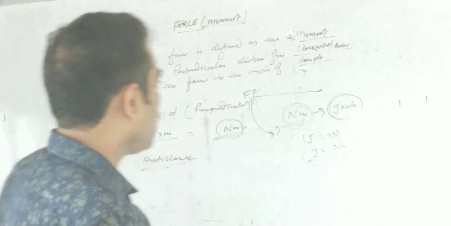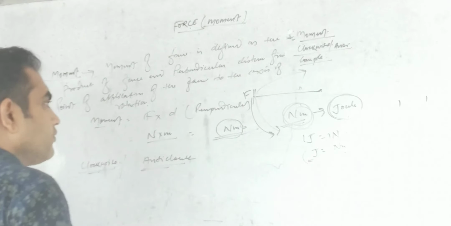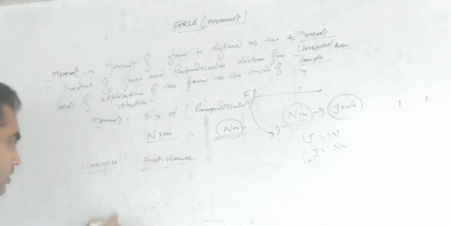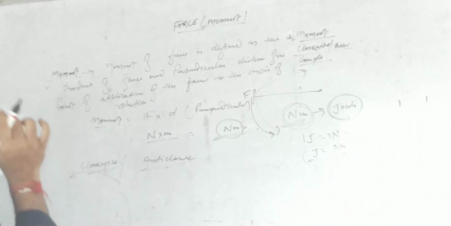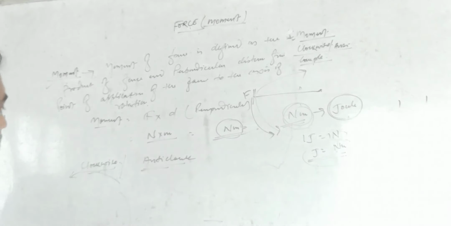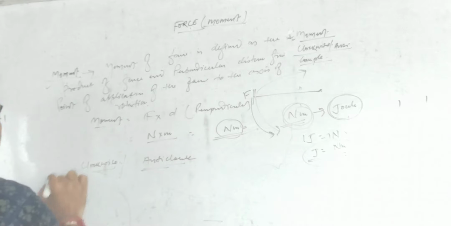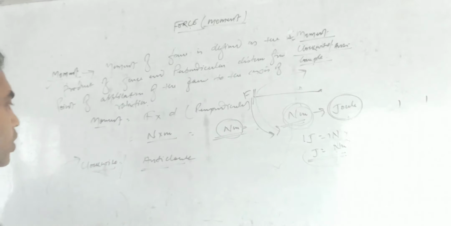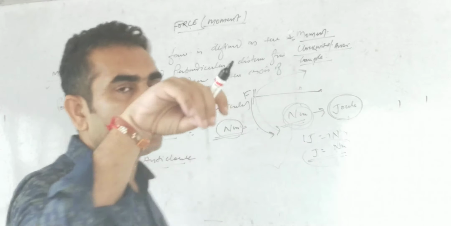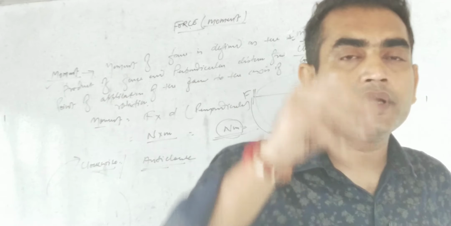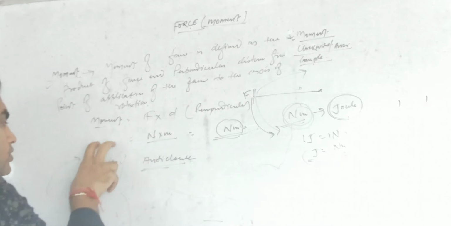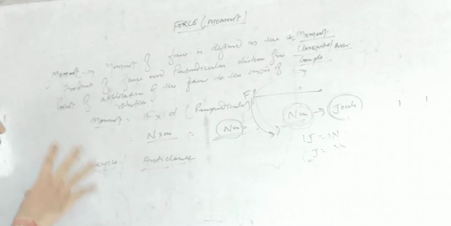If the object starts rotating in a clockwise direction like this way, due to the application of the force, then under that situation the moment produced is said to be the clockwise moment.